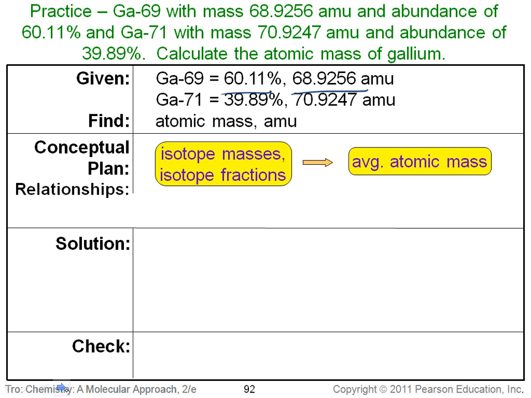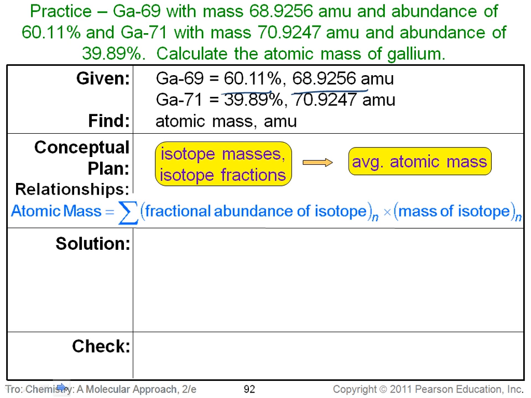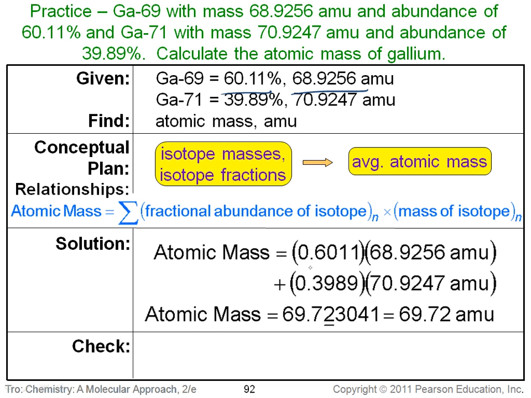Same conceptual framework, same equation, summation, and here it is. It's the percentage converted to decimal form times the mass of the first isotope, plus the percentage of the second isotope converted to decimal form times its mass. When we add these together, we get this number.